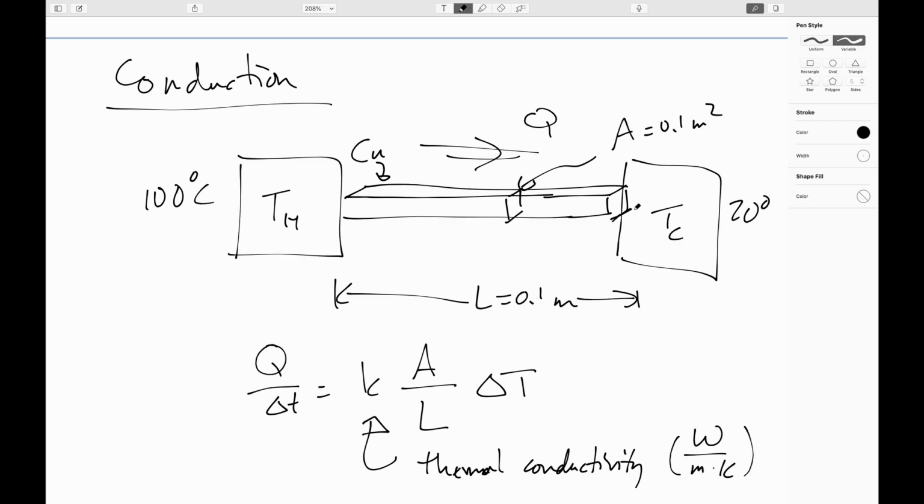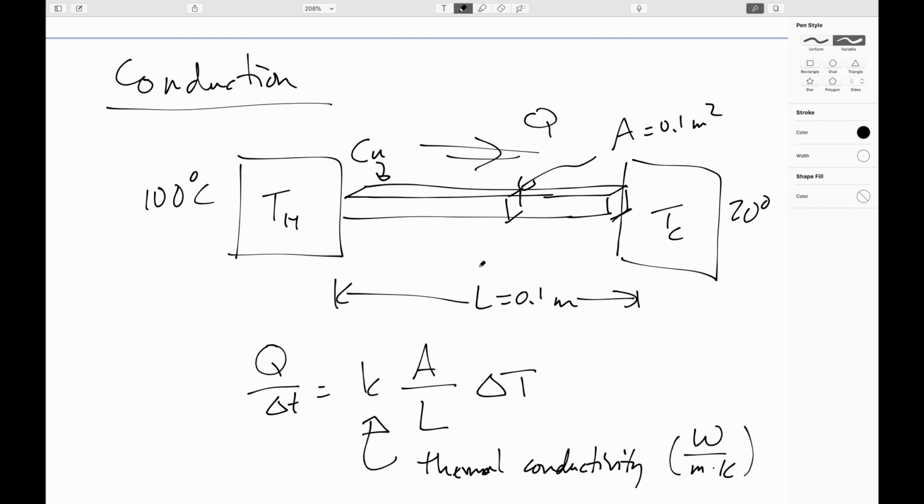But with a greater temperature difference being maintained, there's going to be a gradient of temperature going along from hot to cold. And the more rapidly that gradient changes, the more violent the collisions will be between adjacent layers. So a greater rate at which thermal energy is being transferred.